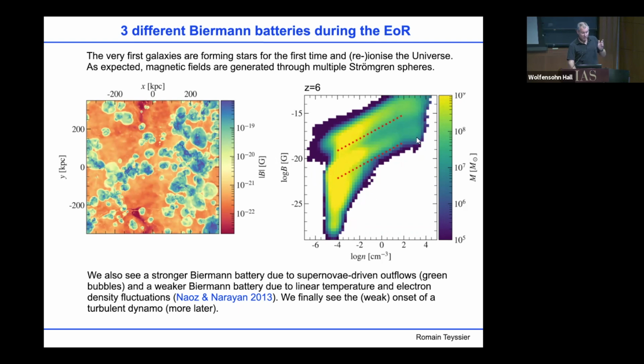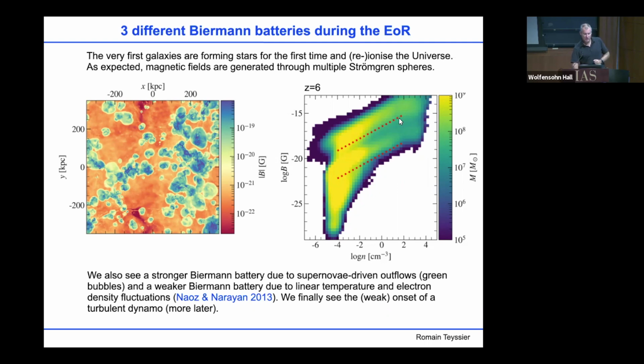Then, of course, on top of that, we have a second process, which is the photoionization from these star-forming galaxies, which creates this branch here, at 10 to minus 20 Gauss. And of course, the denser the gas, the more compressed the field becomes. From ideal MHD, that's the ideal MHD term, you expect this evolution here, B proportional to rho to the 2/3. And then you have this second branch here, which was also a surprise, which is higher, and is due to the supernova explosions, the galactic outflows.